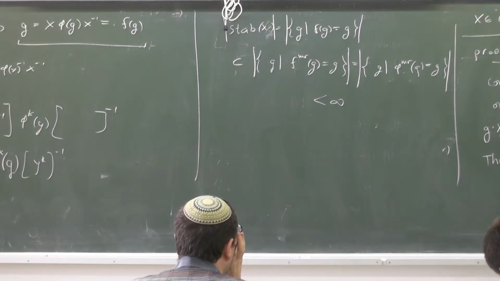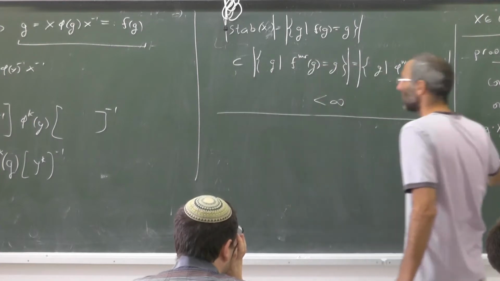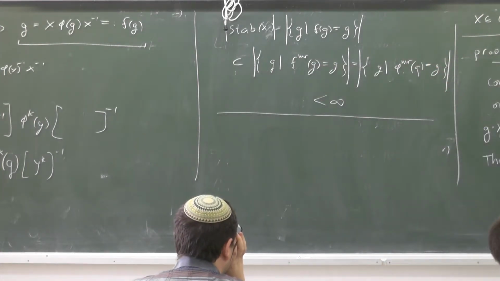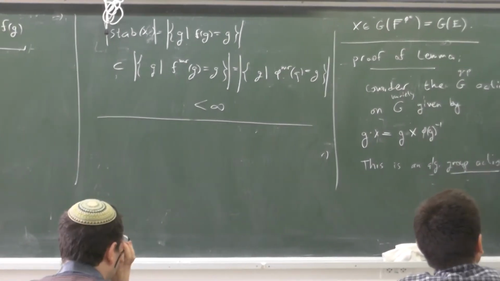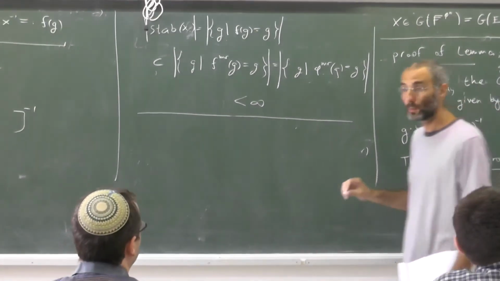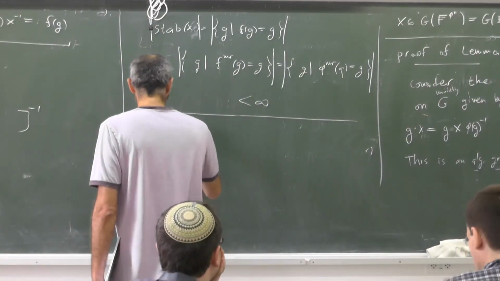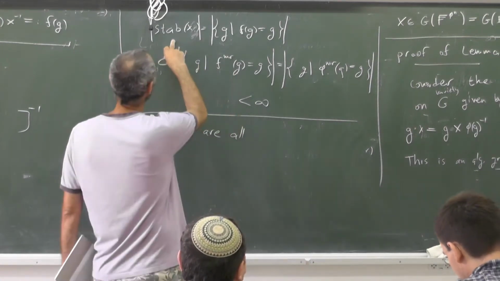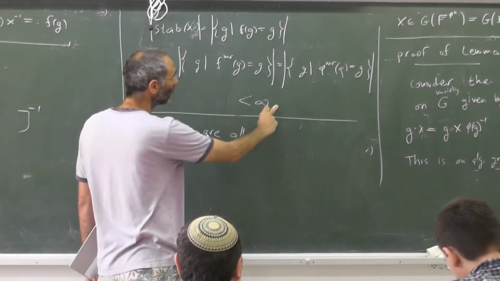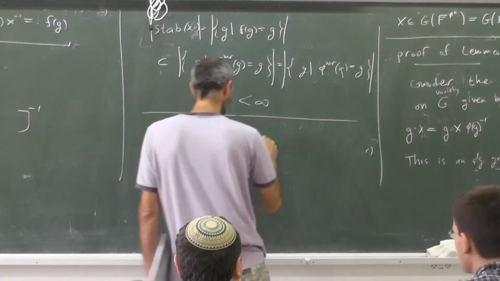So what did we prove so far? We define this action of the group on the variety, and we proved that the orbits are always finite. Oh, sorry, stabilizers. This was, remind me, for an arbitrary x, I showed that the stabilizer is finite.